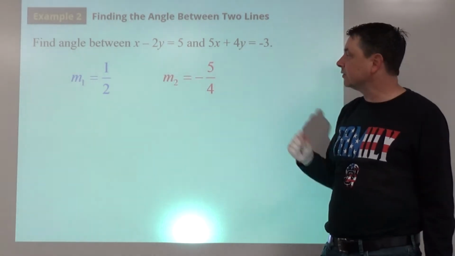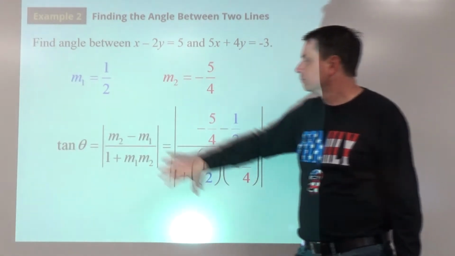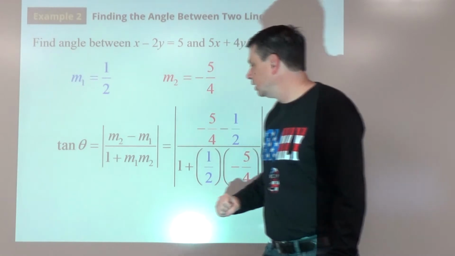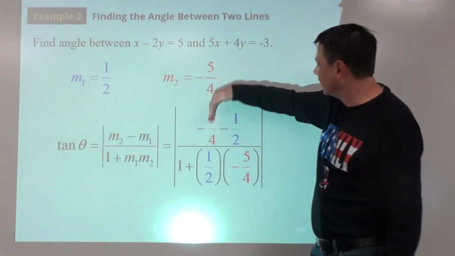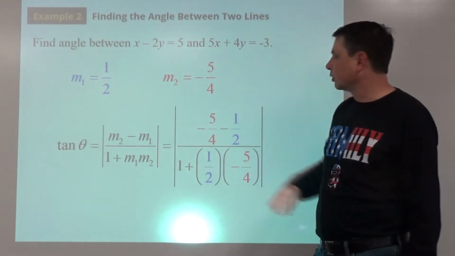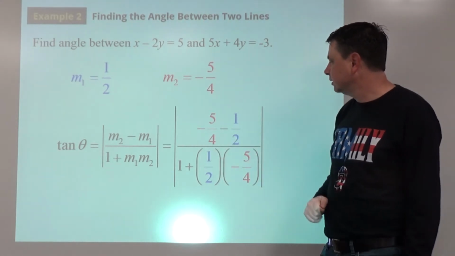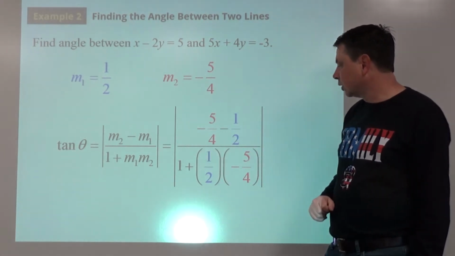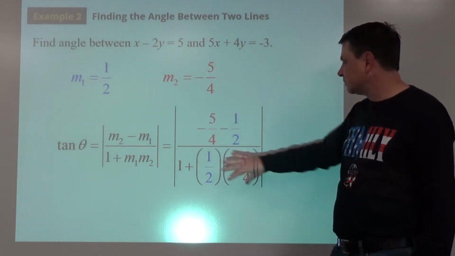So tangent of theta is going to be the absolute value of the difference between those two slopes, negative 5/4 minus 1/2, divided by 1 plus the product. So we're going to need a common denominator here. So negative 7/4, and then 1 minus 5/8.